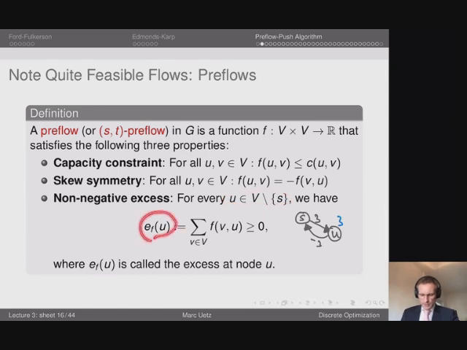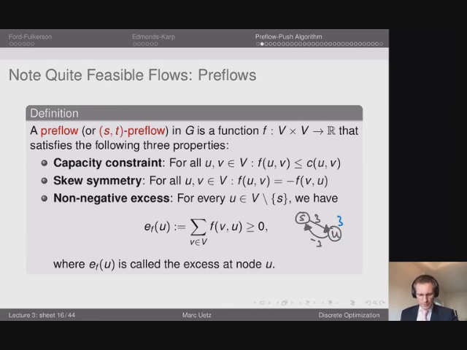And the excess of a node is just all the flow going into the node U minus the flow going out, and it has to be non-negative. If you look at this little example here to the right, we are sending flow from S to U, but there is no flow going out of U, and hence the excess for node U would be 3. It's non-negative, so something like that would be allowed.